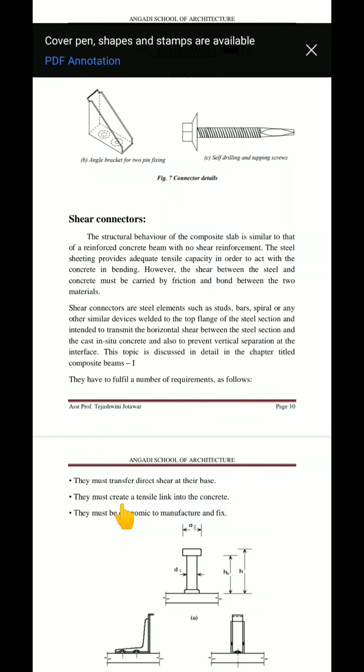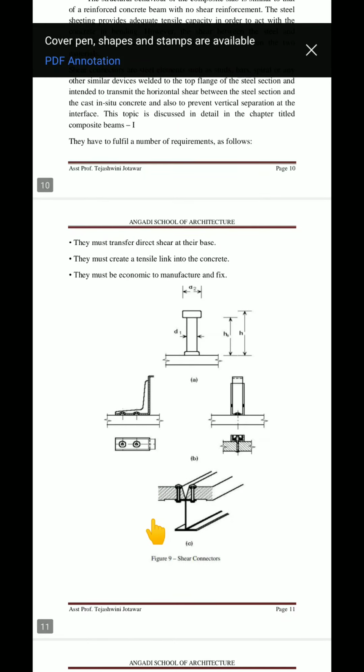Second, they must create a tensile link into the concrete, and they must be economic to manufacture and fix. So this is a typical arrangement of a shear connector and shear connector profile, and this is how shear connectors are provided, you can see here or here.